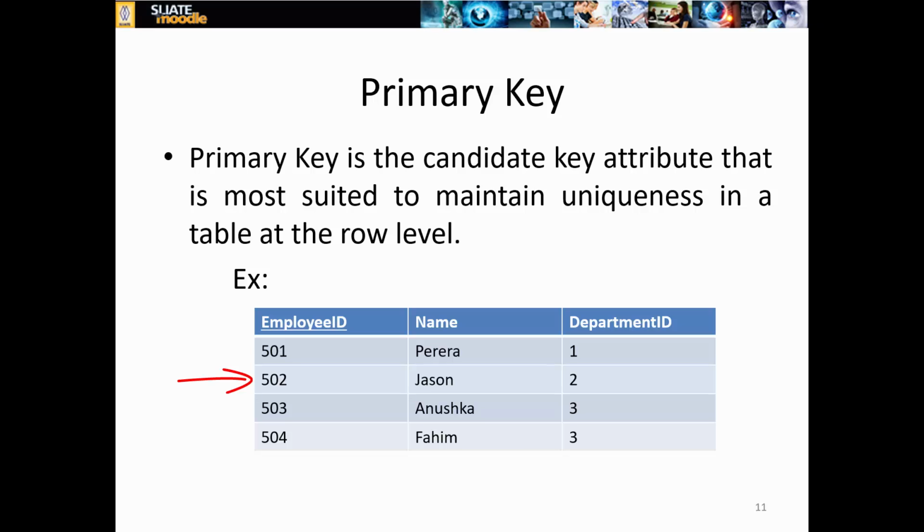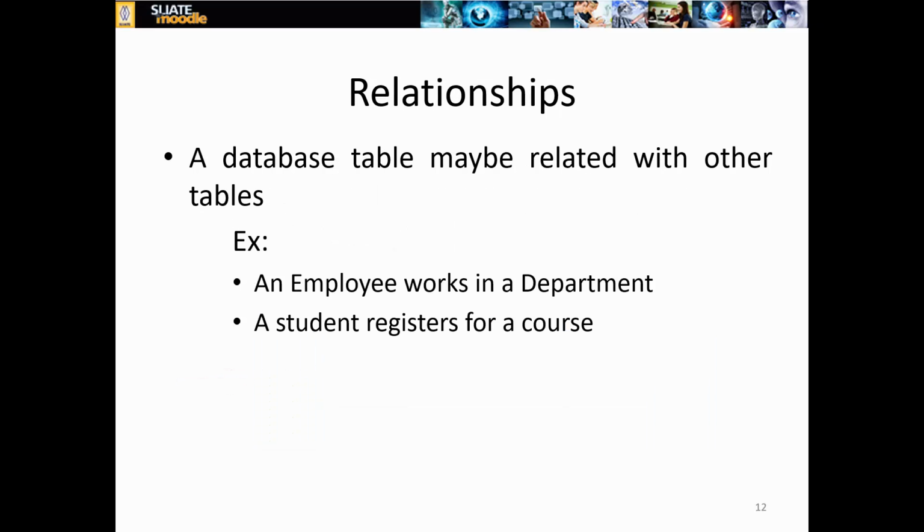As I have explained so far, an entity represents a single concept. But in a database, we have a number of entities, and therefore it is common to have relationships among them. For example, there is a relationship between employee and the department because an employee works in a department.